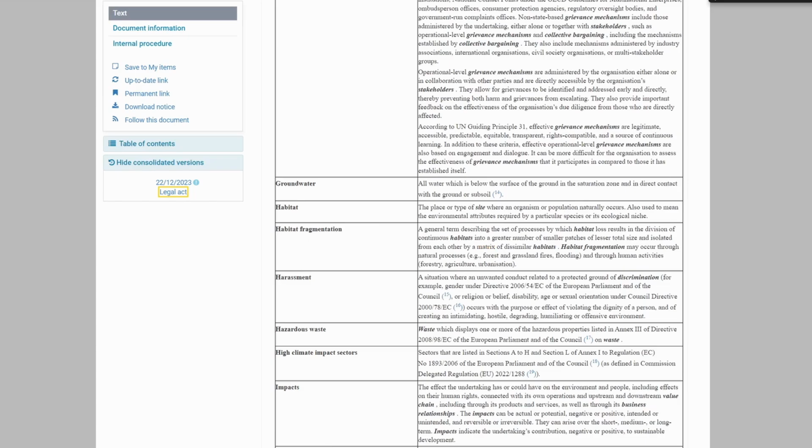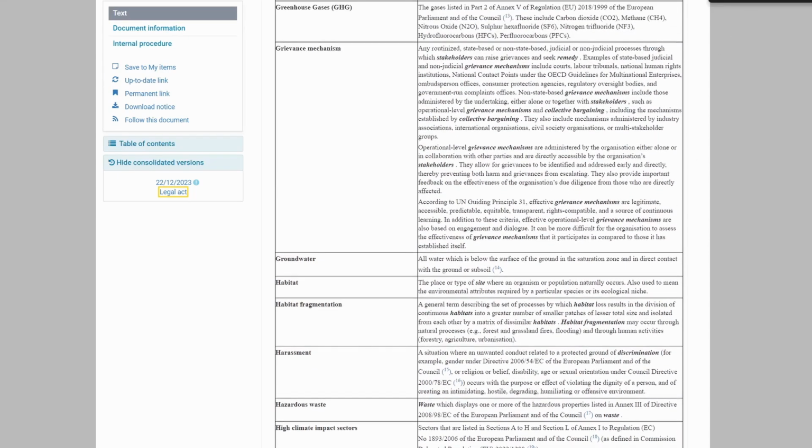We'll just try the word matrices, just in case they are using some other words to describe it. Matrices is not included. And visualization, visual, not mentioned either. So there is absolutely no reference to a matrix or a matrices or visualization, in fact, in connection with double materiality in the ESRS. It is certainly not necessary, required, or critical.